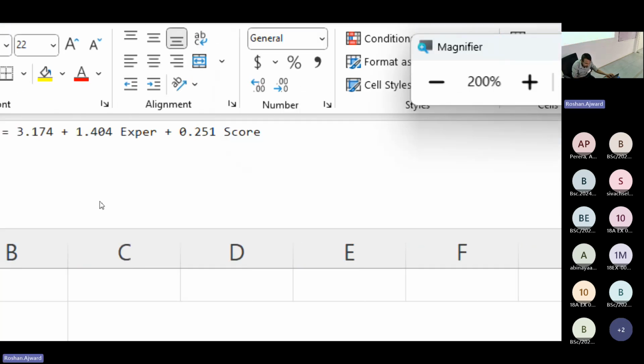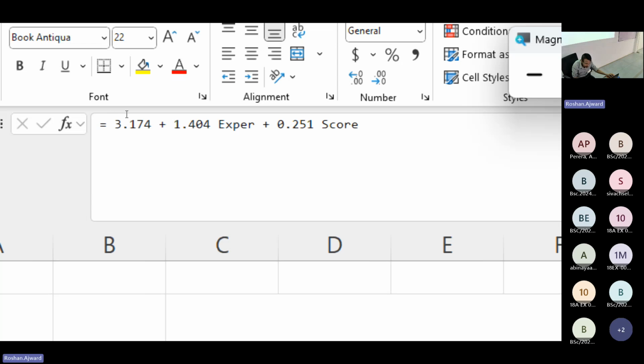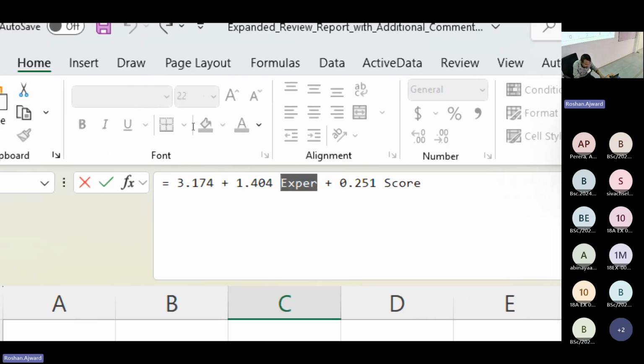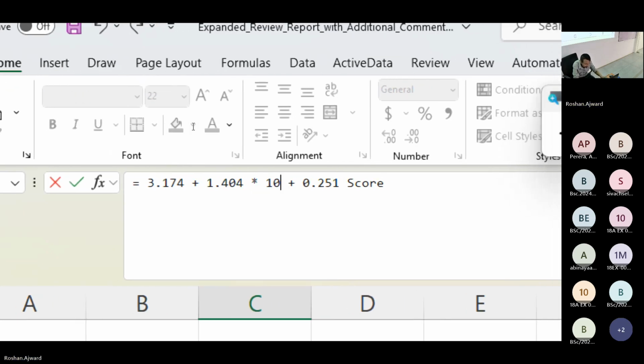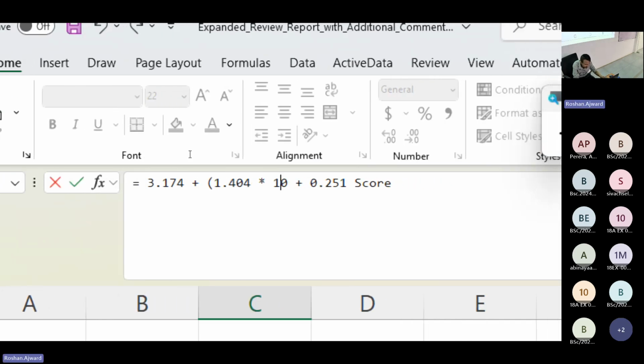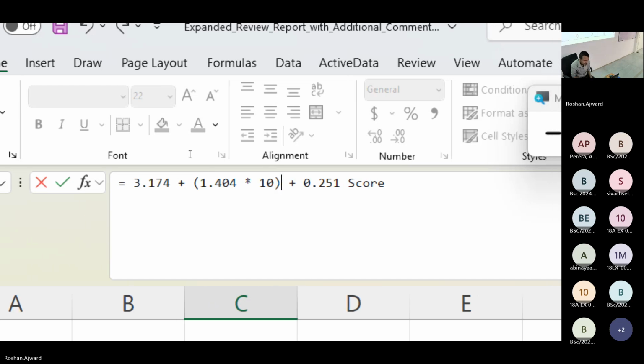I'm going to enlarge it. It looks like this: 3.174 plus 1.404 into 10 years of experience. Why do I multiply by 10?